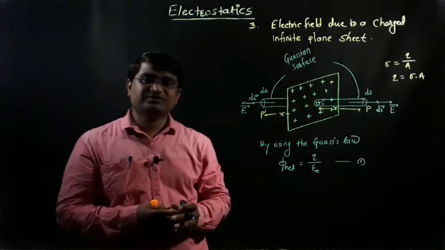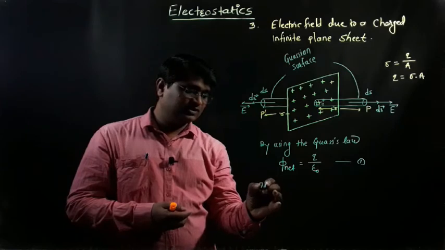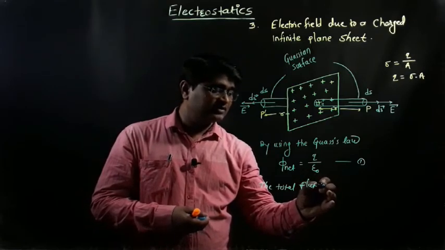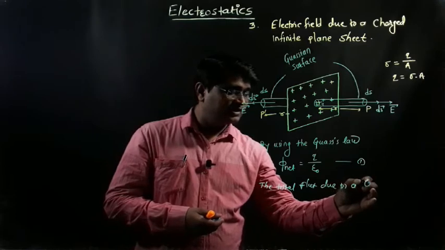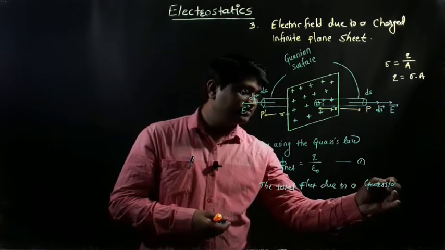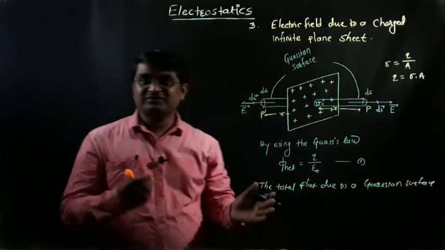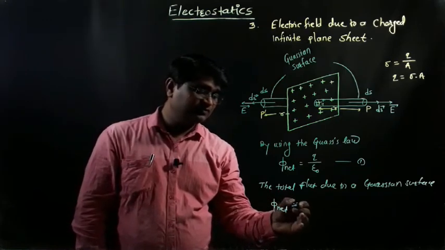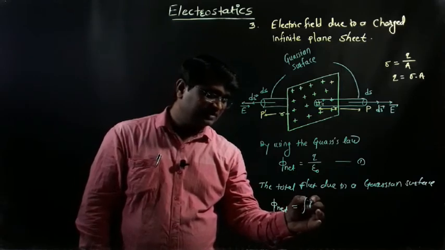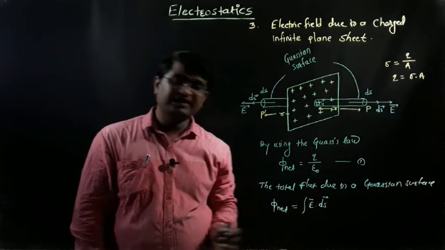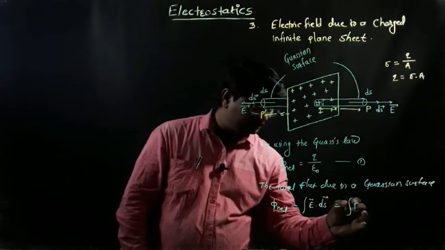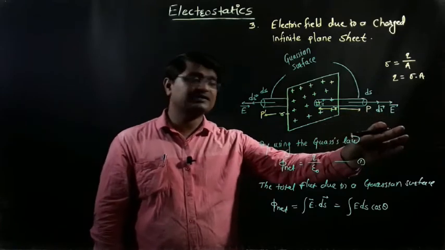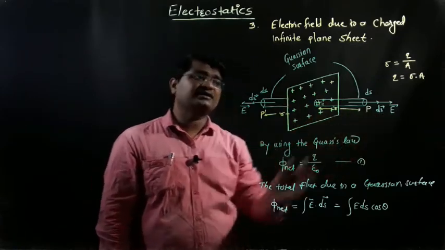But the total flux due to a Gaussian surface, by using the definition of electric flux, we can find this total flux, that is the net flux, and this net flux is equal to the integration of E dot dS. Its magnitude is given by the integration of E dS cos theta, and we know that this theta is the angle between dS and E. According to this diagram, it is very clear that dS and E are on the same line.